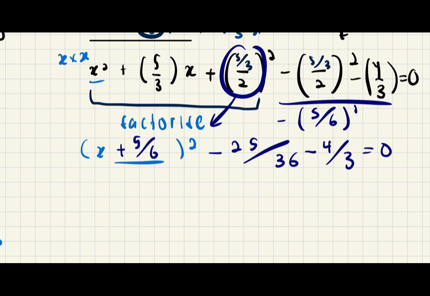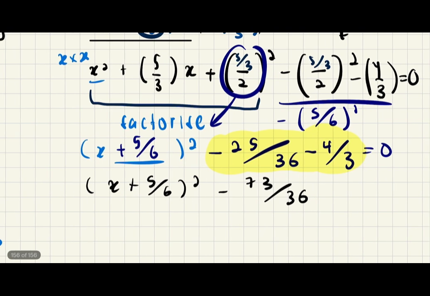So now over here you solve this first. Okay, solve this first, and then you get x plus 5 over 6 squared, negative 25 over 36 minus 4 over 3, you'll get negative 73 over 36.